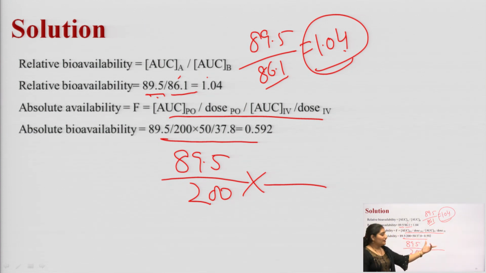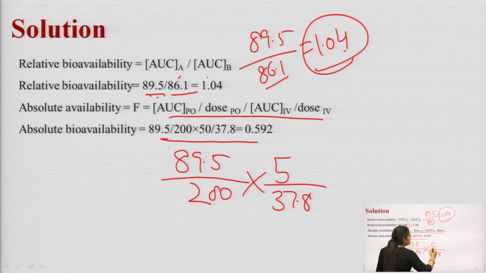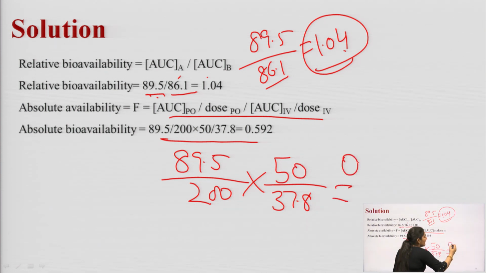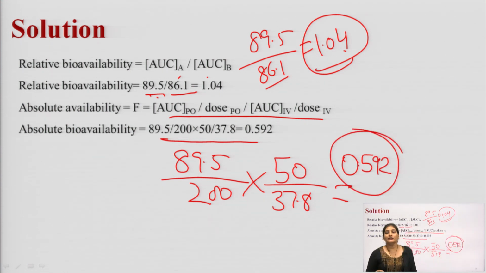In case of IV, the AUC is 37.8 and dose is 50. So, after calculation we get the value of absolute bioavailability as 0.592. I think the concept of absolute bioavailability and relative bioavailability has been cleared to all of you.